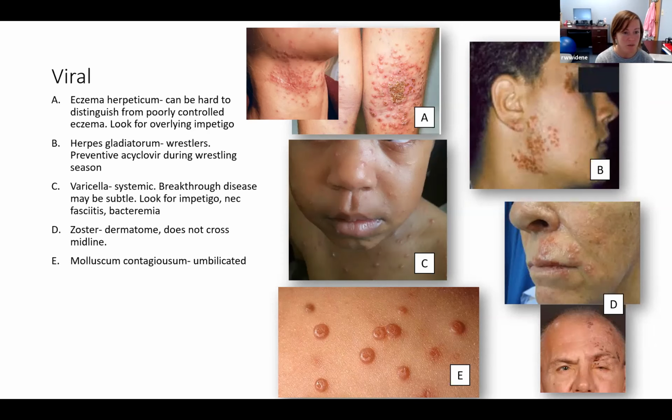Also in the HSV world is herpes gladiatorum. This is going to be in your wrestlers generally, because wrestlers and gladiators, right, like to share headpieces and earpieces. And so it can cause these outbreaks among wrestlers.